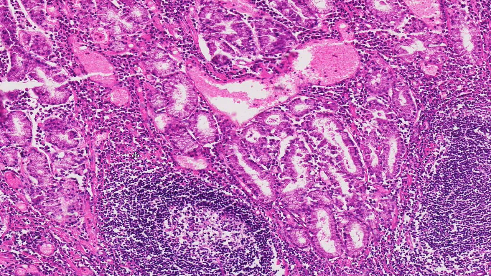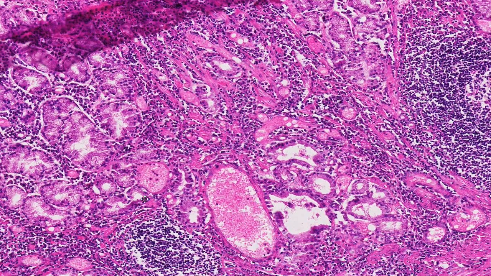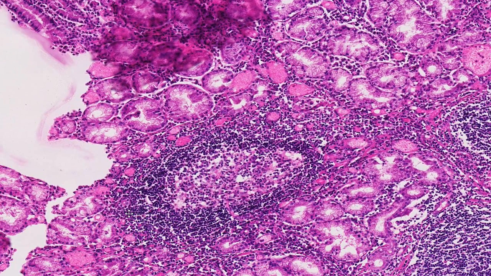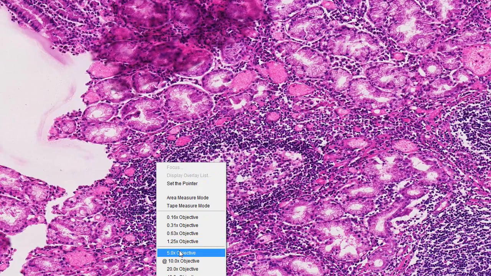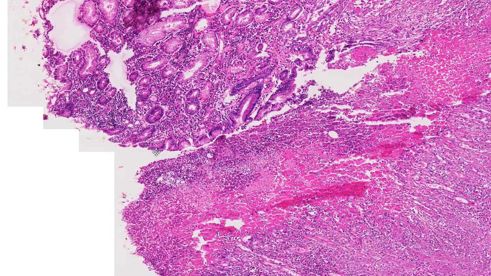And then as we move over and we approach the area of ulceration, we start to pick up some acute inflammation as well. And the acute inflammation is characterized by neutrophils. So let's find that area, and I will show that to you. Here we go.